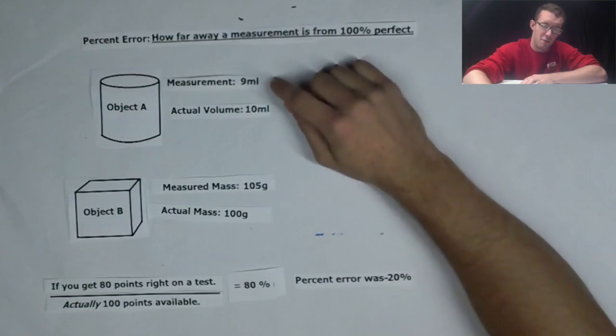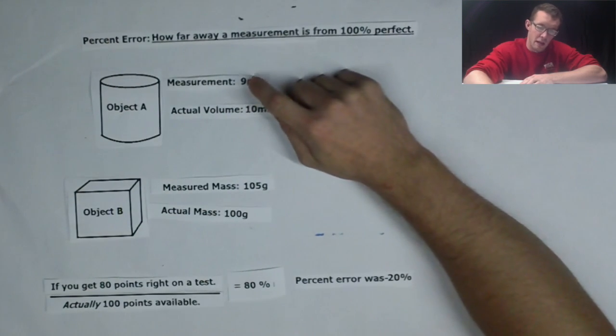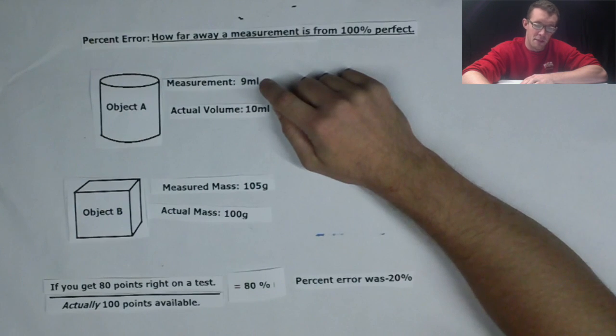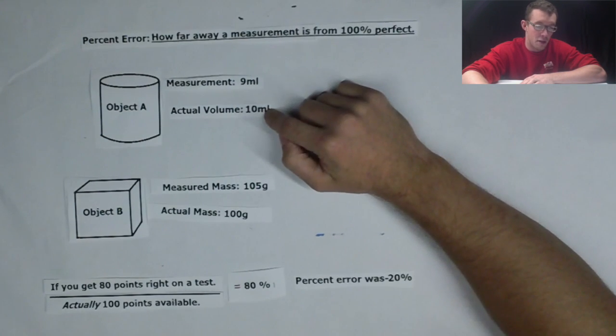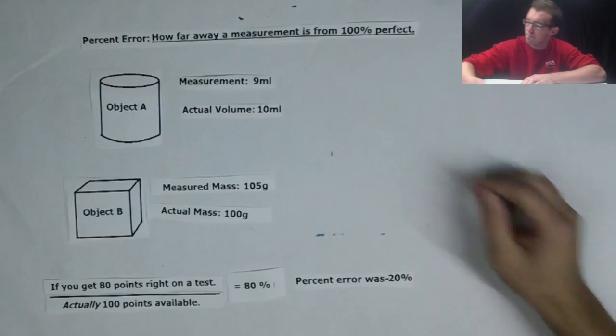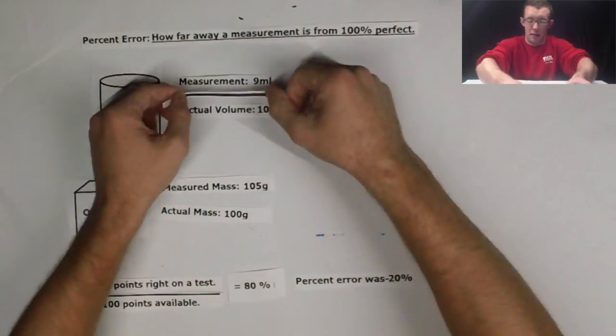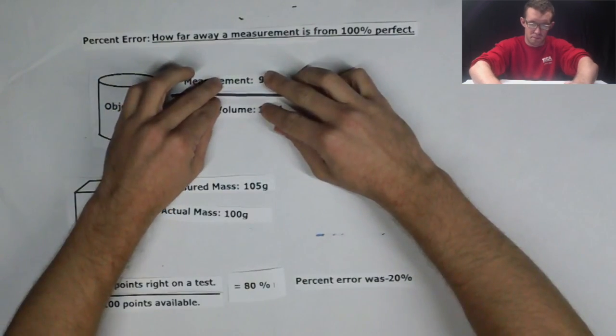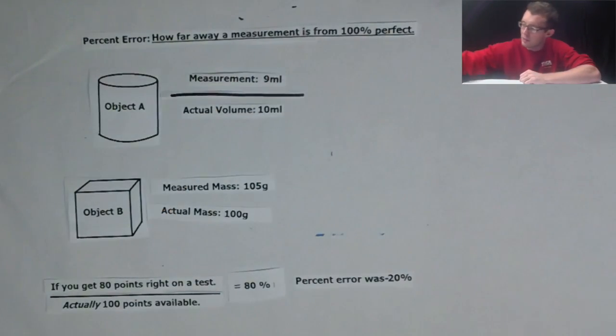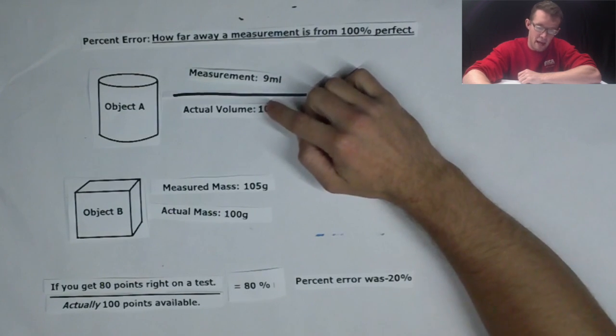So we can do the same thing for these two objects up top. If we have a measurement of the object of 9 milliliters, but the actual volume of the object turned out to be 10 milliliters, we can make a simple ratio, 9 milliliters over 10 milliliters, what we measured over the actual volume.